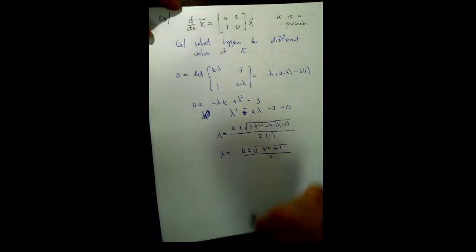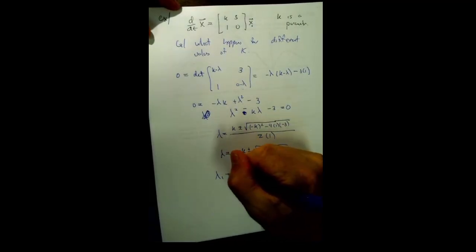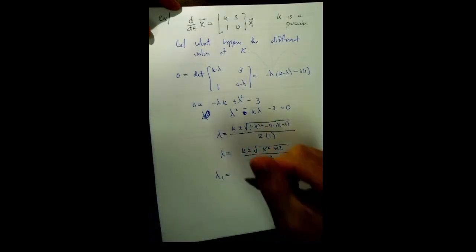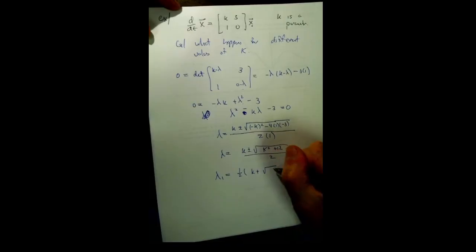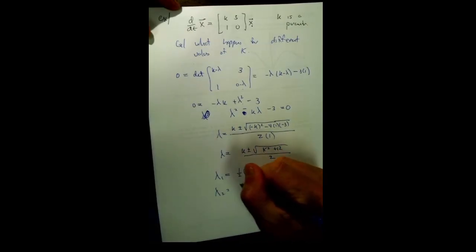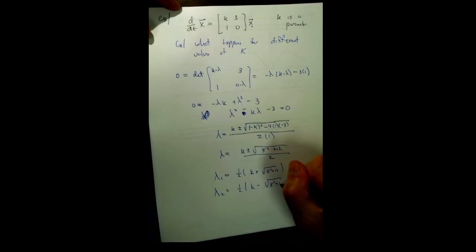So I have two eigenvalues. One is going to be 1/2 of k plus the square root of k squared plus 12, and the other is going to be 1/2 of k minus the square root of k squared plus 12.